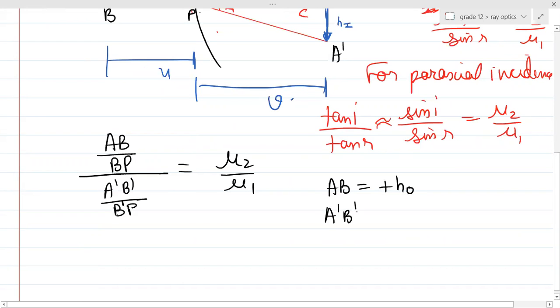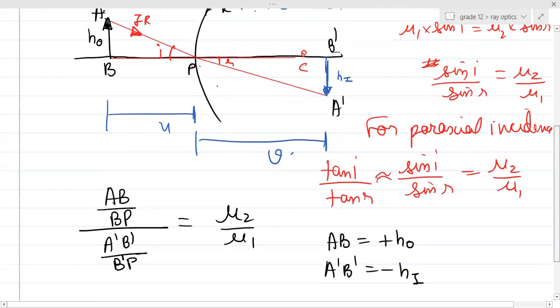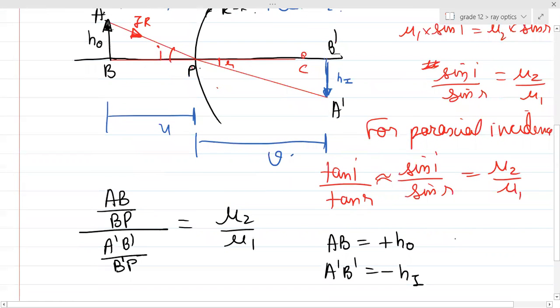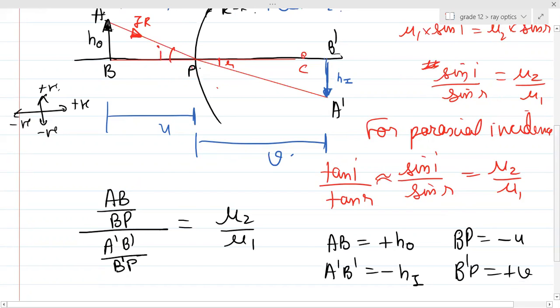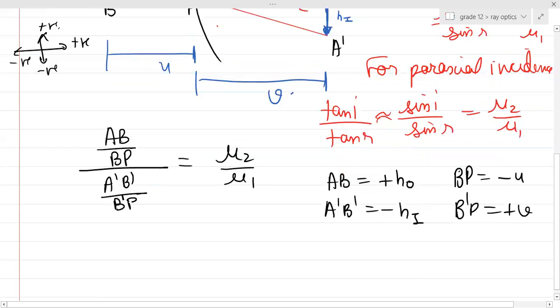A dash B dash is basically the height of image, again with sign convention, it was down, right? And BP is basically the object distance, minus u. I'm using the normal Cartesian convention if I have not mentioned anything. And B dash P is basically plus v. Shall I put it over here?